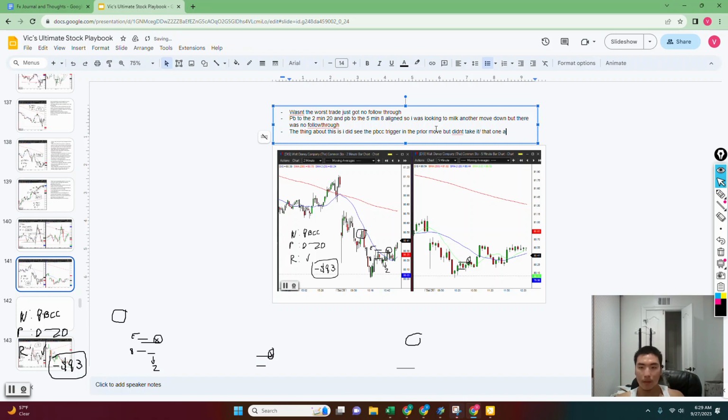That one actually got follow through around 3 hours. Very nice, but just happened so I take the later one, which makes sense. Would have less probability of following through.